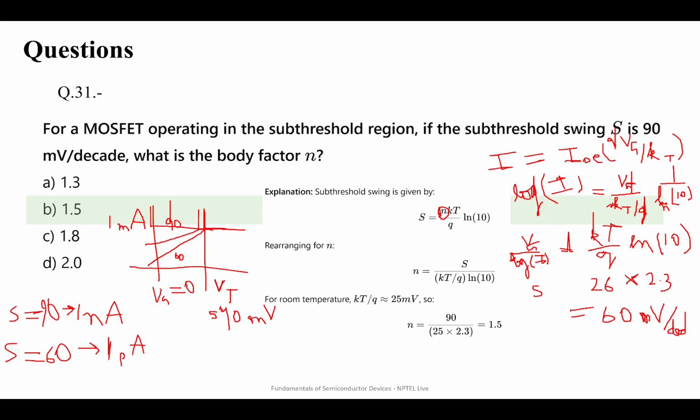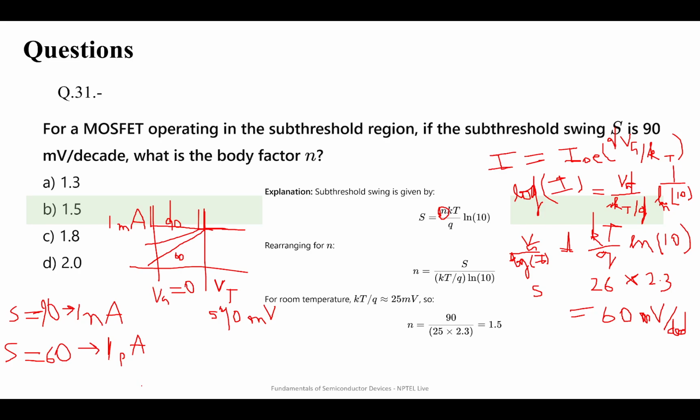So I want the current at VG equals 0 to be as low as possible, because VG equal to 0 is your off state. Let's say there is some processor in your computer and you are not doing anything.